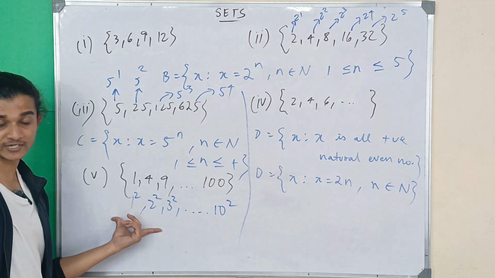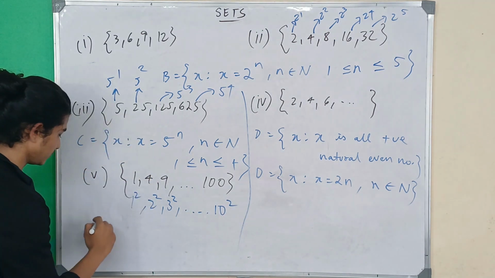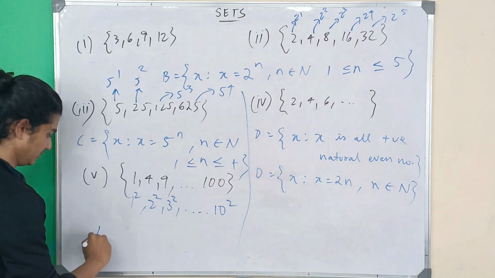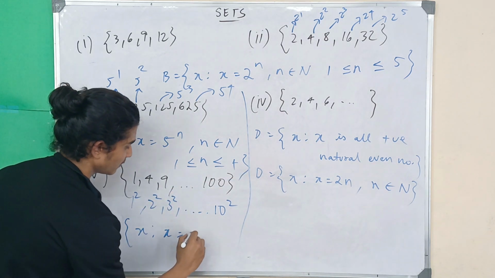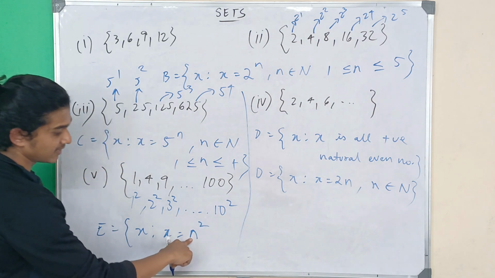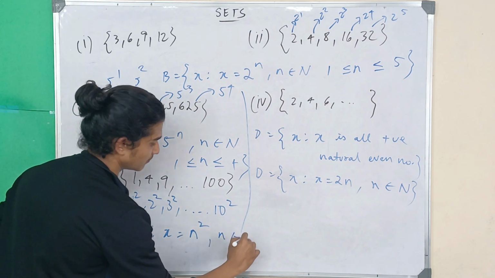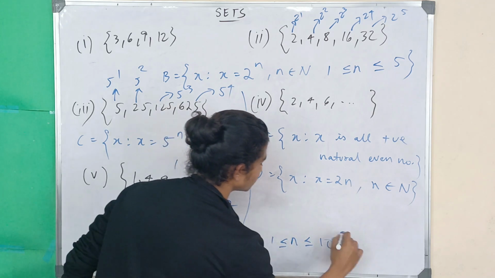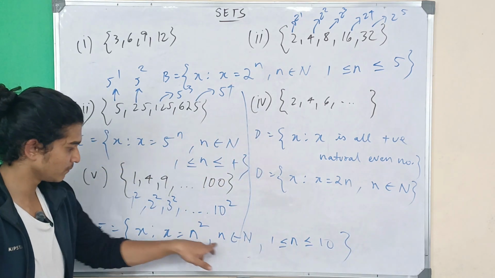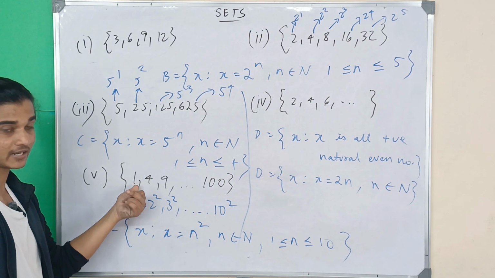Let us write this in set builder form using the mathematical way. So this is E. E equal to set of all x such that x equal to n square, where n belongs to natural numbers, and n varies between 10 and 1. Try this. Put n equal to 1 here.